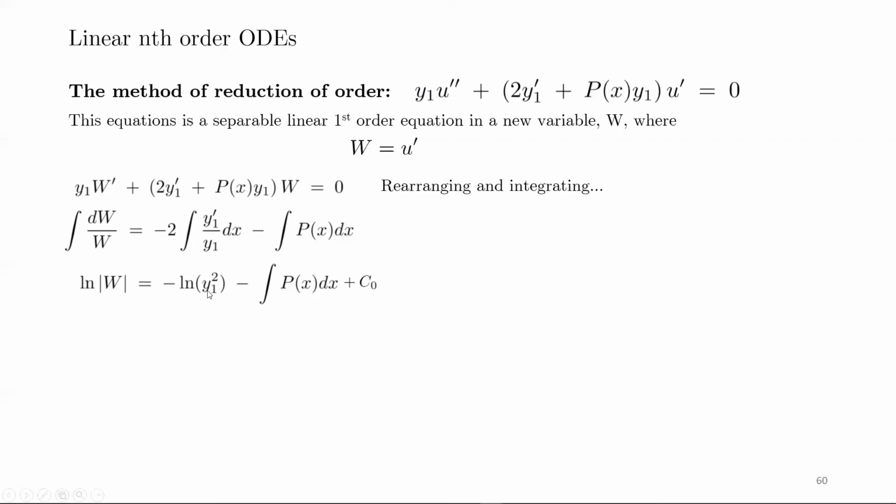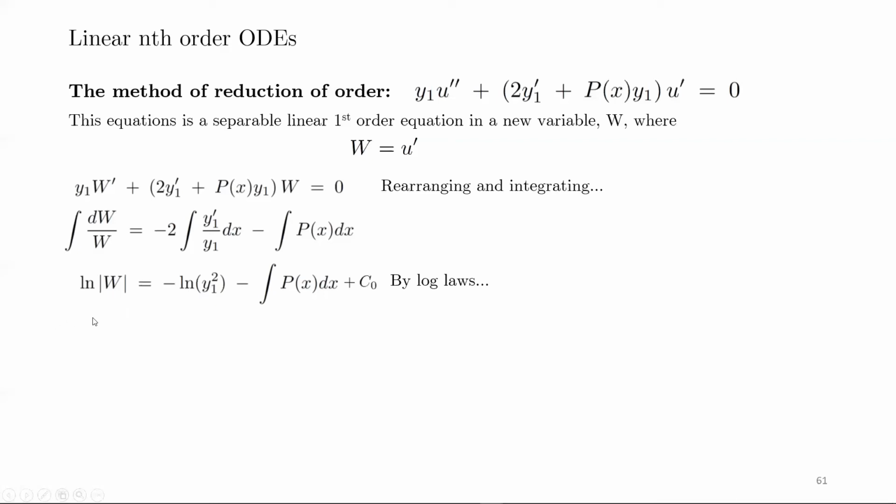Okay, so I can rearrange this equation using log laws, okay? So by log laws, I can rewrite this by taking this negative log of y1 squared. I can move that over to the left hand side by adding the log of y1 squared, and then I can combine the two logs using the log laws, okay?